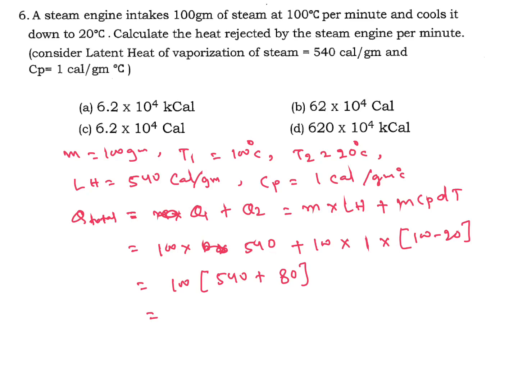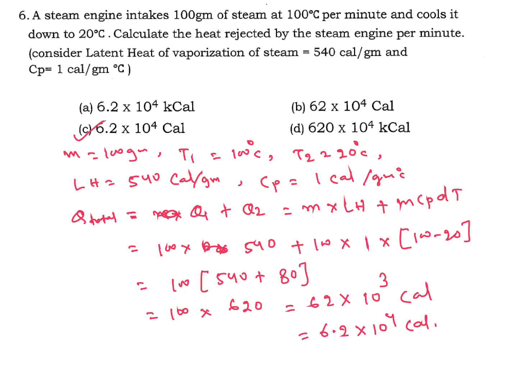So 100 into 620. It will come 62 into 10 to the power 3 calorie. So from the options all are in 10 to the power 4 terms. Then 6.2 into 10 to the power 4 calorie. From the options C is our answer.